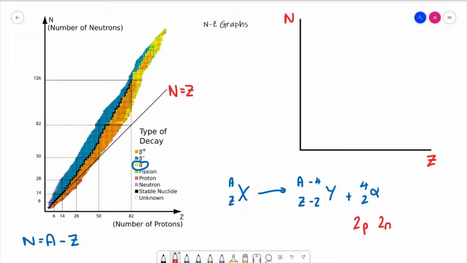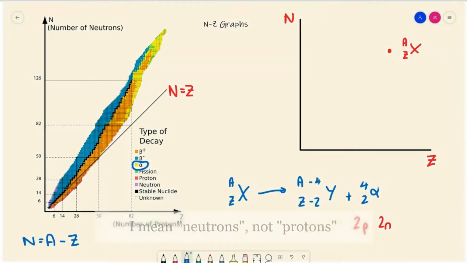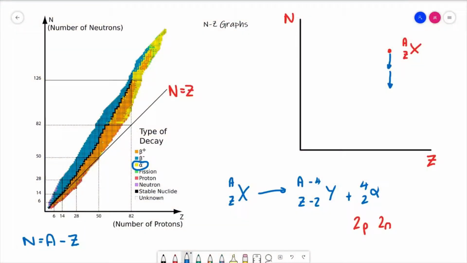So on an NZ graph, if at any point we have our parent nucleus, when it decays, we're losing 2 protons. If we lose 2 protons, it will move to the left 2 steps on the x-axis.